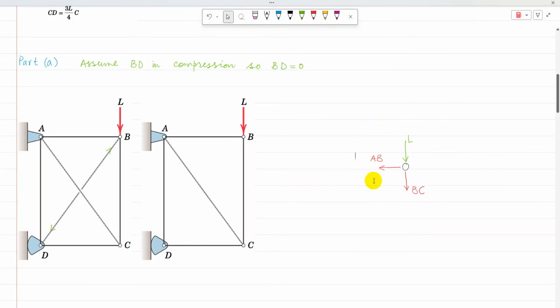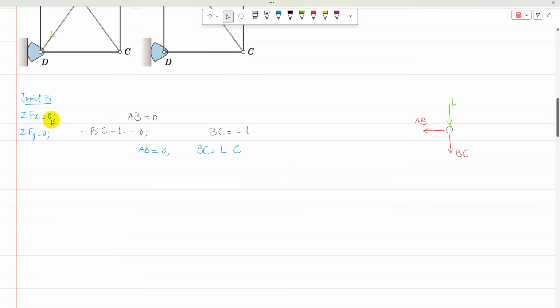Then I can simply apply sigma Fx and sigma Fy equal to 0 to solve this joint. Applying sigma Fx equal to 0, there is only one force in the horizontal direction, so AB is equal to 0. Then applying sigma Fy equal to 0, BC is acting vertically downward, so that's negative, and the load is also acting vertically downward, so L is negative.